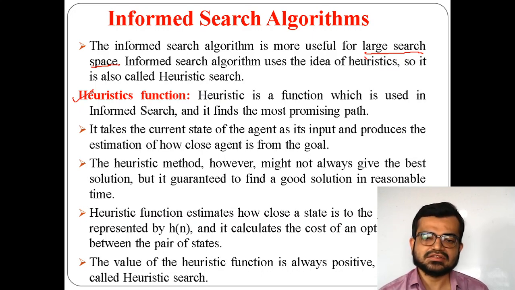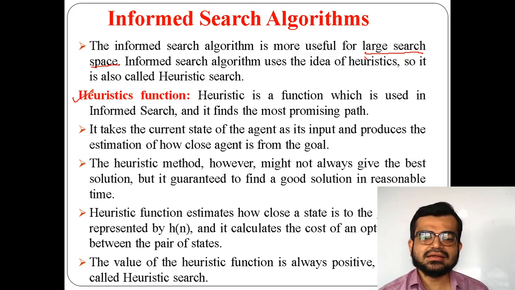It doesn't mean that it's the best path. It takes the current state of the agent as an input, and produces an estimate. For example, there are 4 options from the current state to the next state.